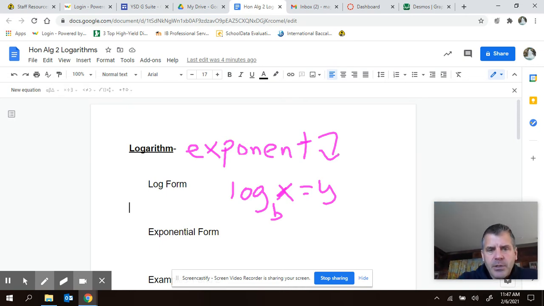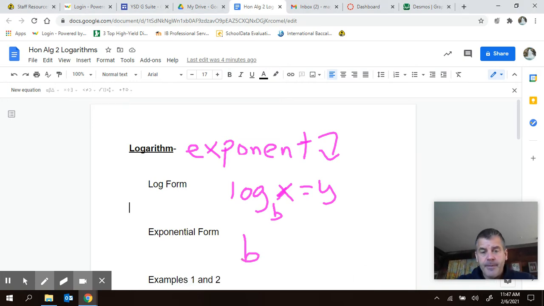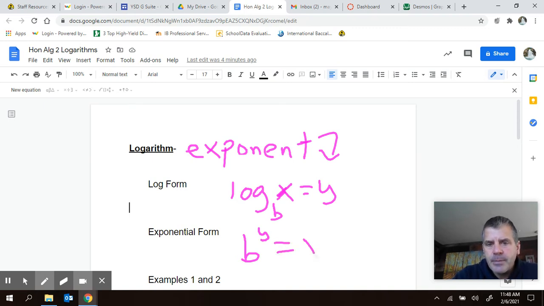So if this is your log form, the exponential form of this would be, what's your base? So this is going back to your basic algebra life. So we have some number that's being raised to an exponent. So base b raised to our exponent or our logarithm, b to the y would be equal to x.